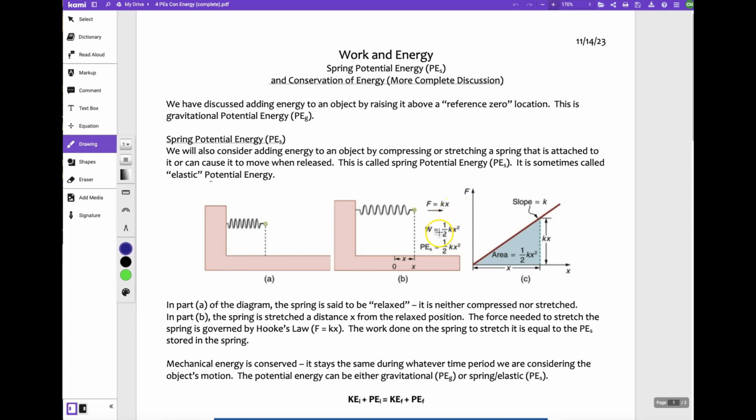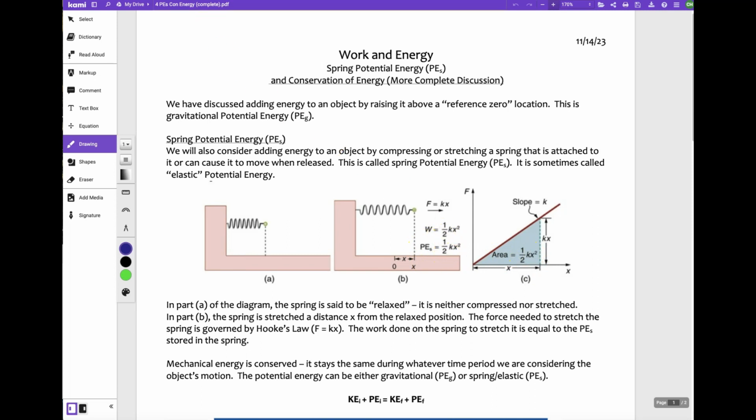But for some reason, there's this half in there, and that's because when you stretch a spring, you have a force that's increasing in proportion with the stretch. So when I stretch the spring, as I pull it, it makes this triangle. And the area underneath the triangle of force versus position is your work. And that's also the potential energy.